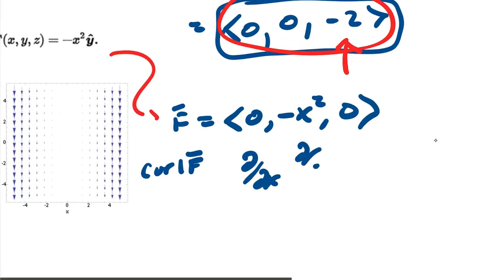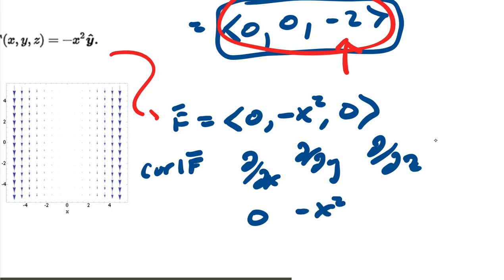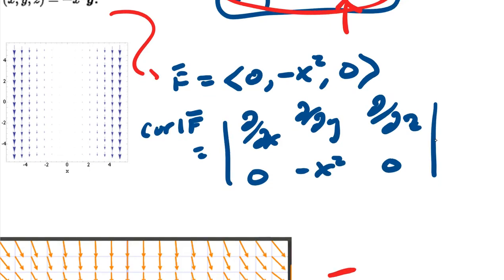Partial with respect to y, partial with respect to z, and I'm going to put these underneath it, like that. And now what we get out of this is 0, 0, negative 2x.